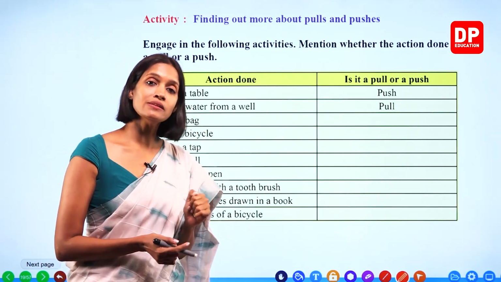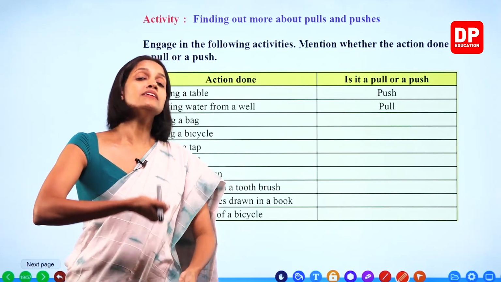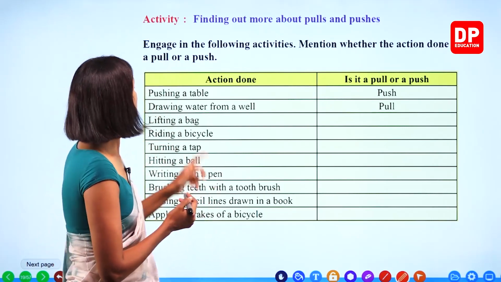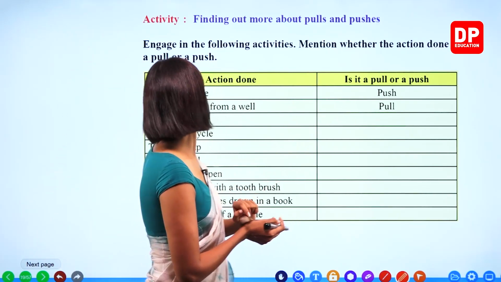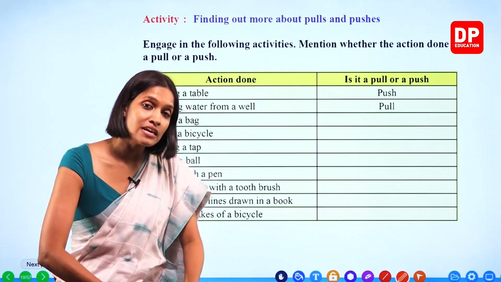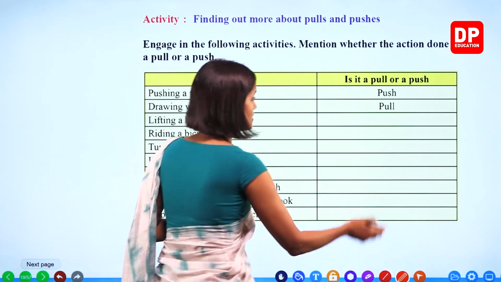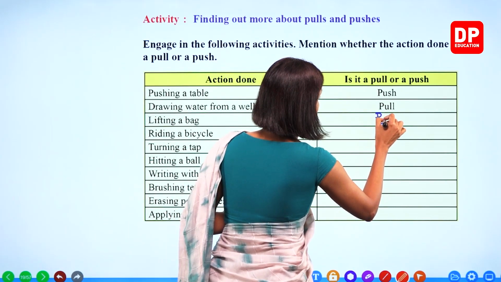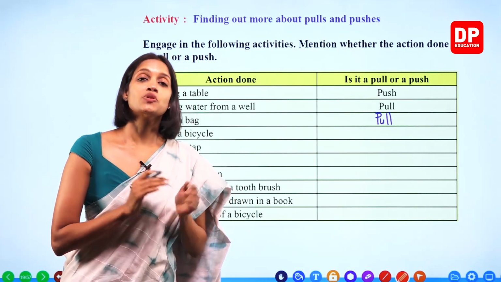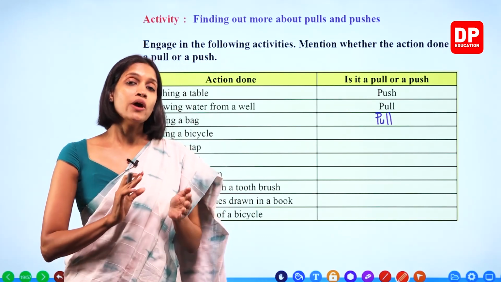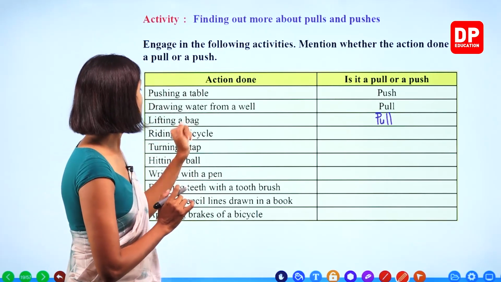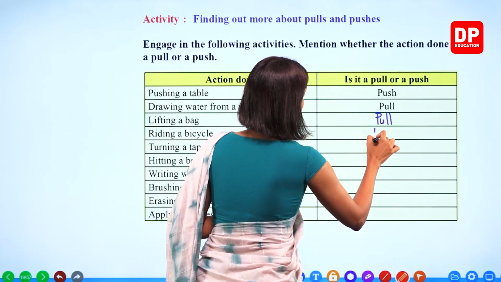Drawing water from a well, we just discussed, is a pull, upward or downward. Lifting a bag is again a pull. Riding a bicycle: you have to push the pedal using your feet, therefore it is a push.